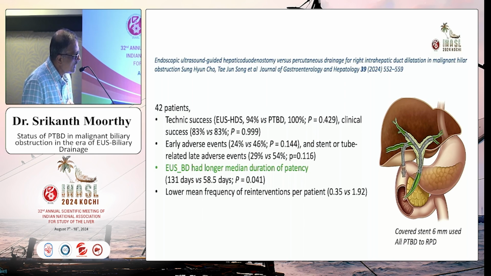And all of them had a stent in place, which was put in by ERCP, and it was occluded, and they had to provide drainage. That was the clinical situation. The technical success was, as you can see, almost the same, exactly as we found in the previous study. And early adverse reactions, they said that usually pain is more, definitely for PTBD, but not statistically very significant.